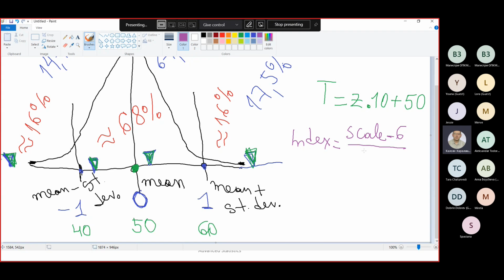Theoretical maximum is 30, theoretical minimum is 6, and multiplied by 100. So the final equation is scale minus 6 divided by 24 and multiplied by 100.